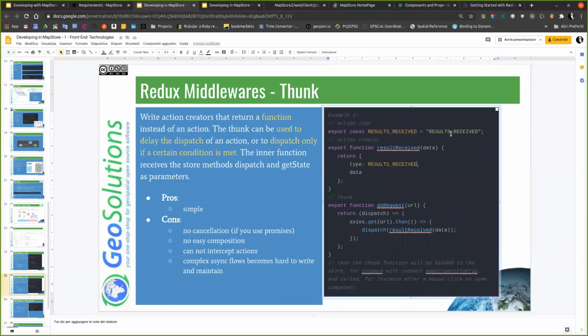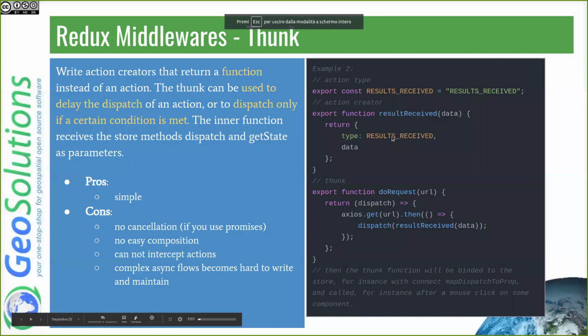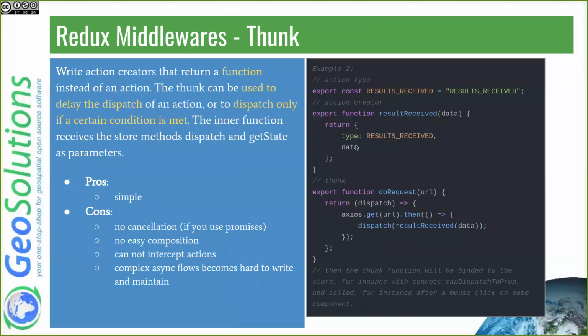So I can define an action that updates my state inside the application. You can imagine there is a reducer that intercepts this action and stores the data received by the server somewhere.